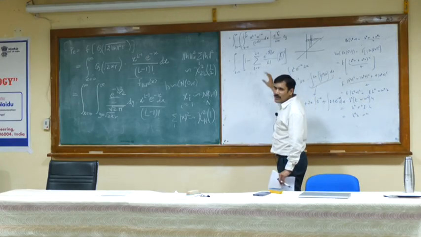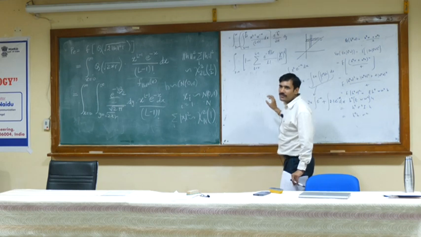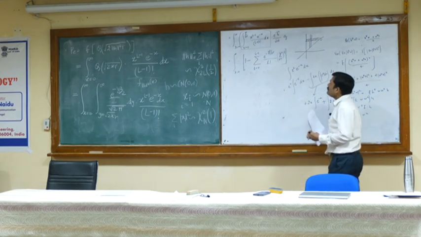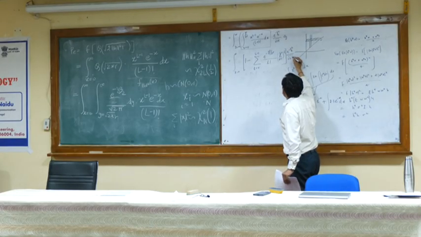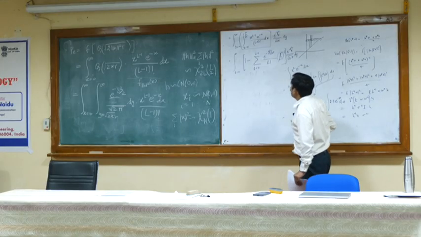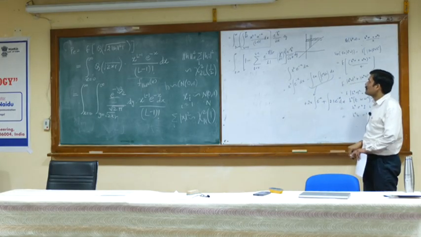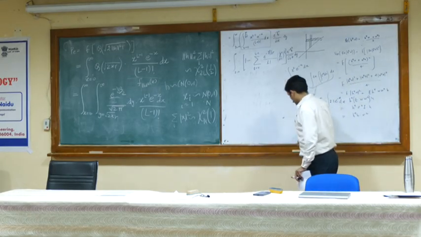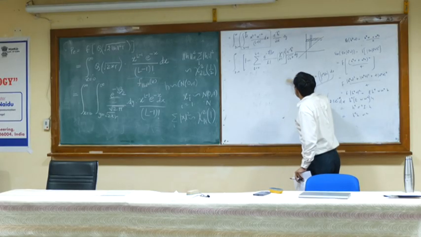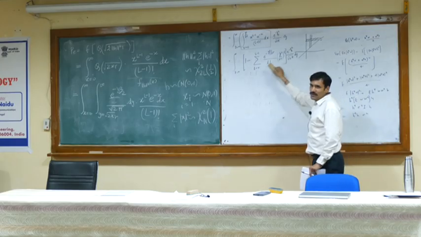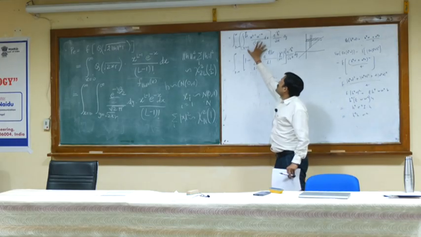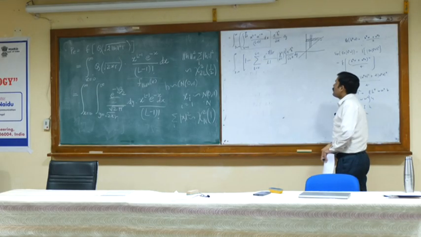You can try yourself also. Then we will get e to the power minus y square divided by 2, divided by square root of 2 pi, dy. So this is a standard integral, the solution of this.